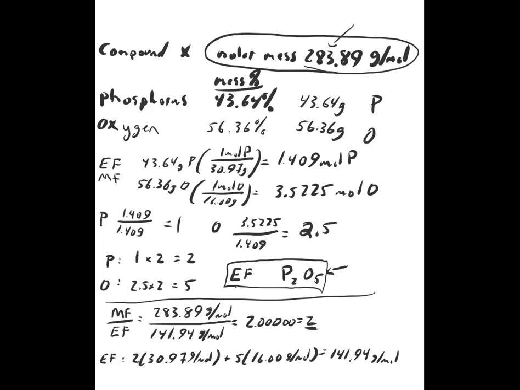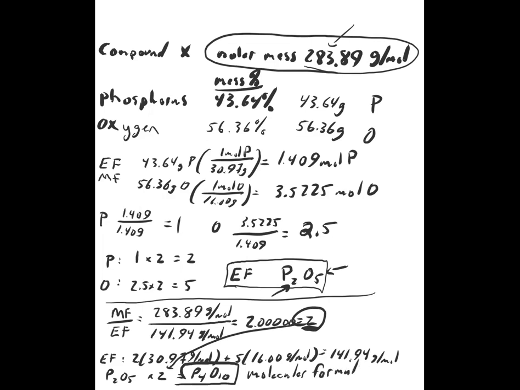So if the empirical formula is P2O5, multiply that by 2, and you get P4O10. And there's your molecular formula. Okay, you're done with the molecular formula.